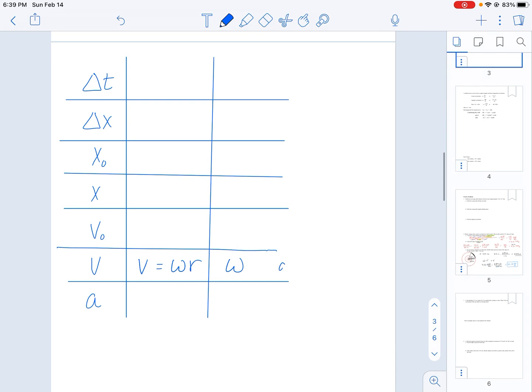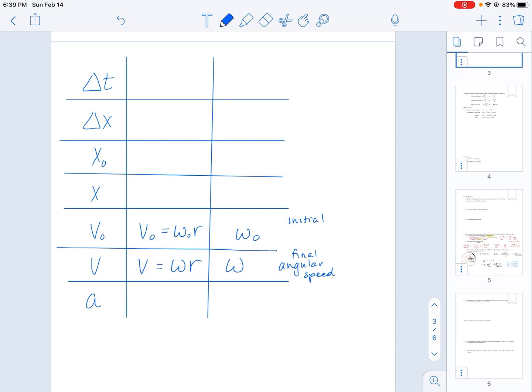So angular speed. And the key between them is the radius. So this is going to work for initial velocity as well. So this would be initial.